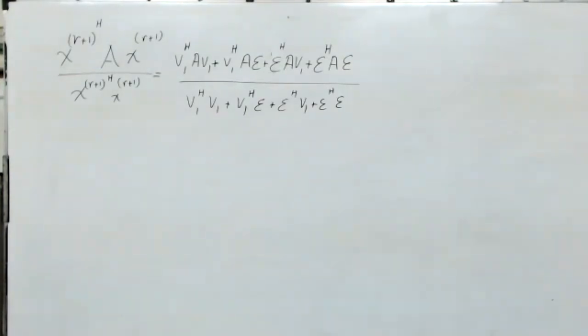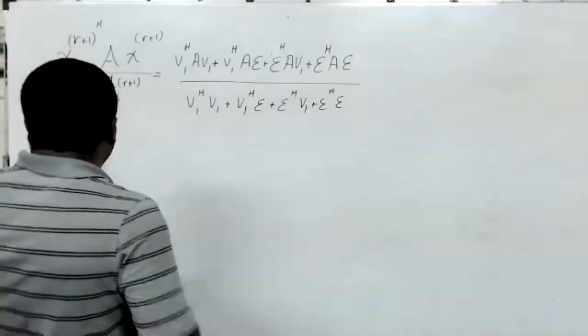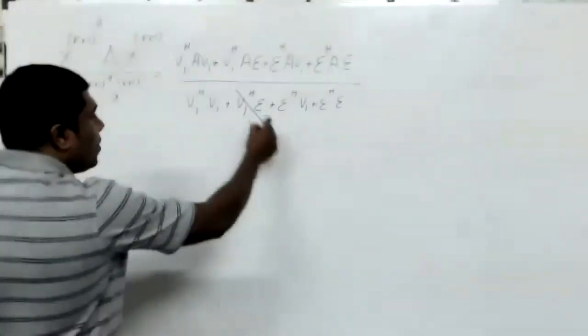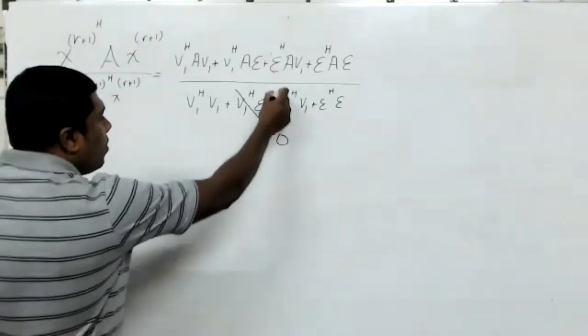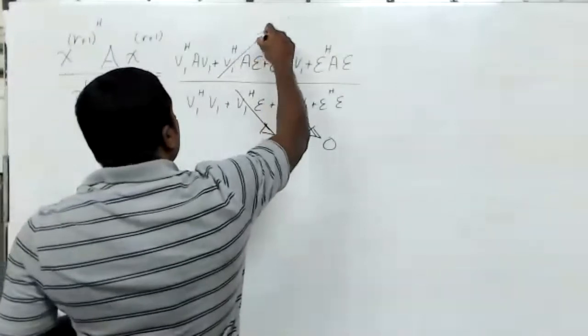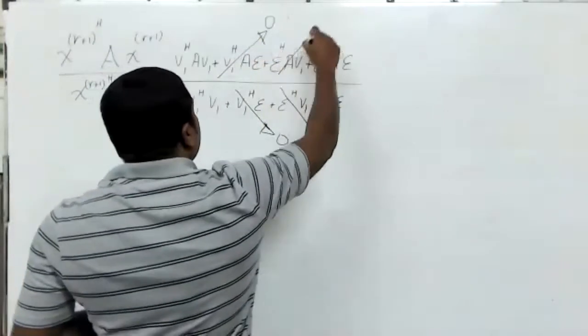All right, so this is what we saw last time, right? The formula for the Rayleigh quotient for the vector x_{r+1}. Then as homework, I showed you that this one is 0 and this one goes to 0, and so do this and this.